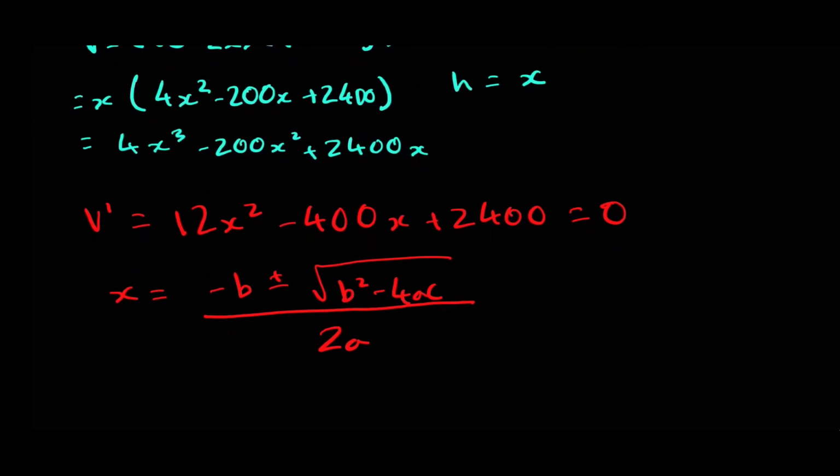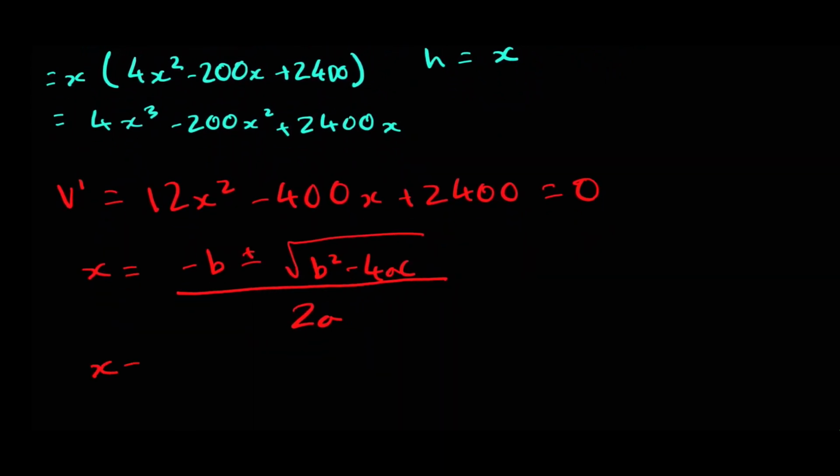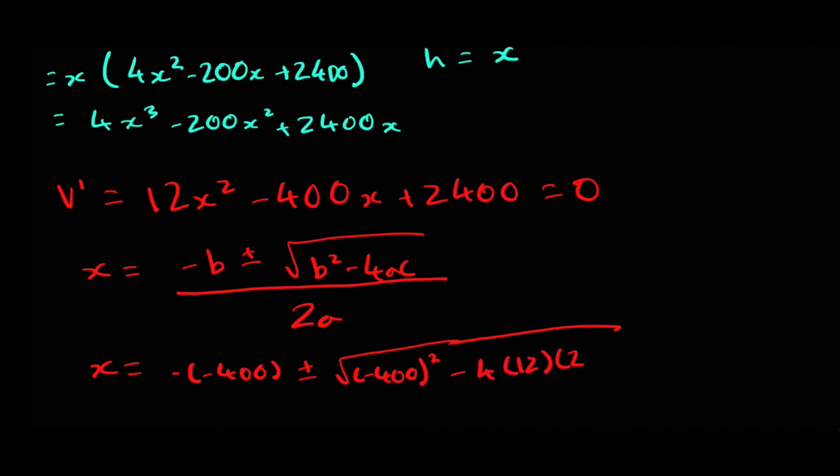That's just the quadratic formula. So therefore x is going to equal negative 400 plus or minus root of (negative 400 squared minus 4 times 12 times 2,400) over 2 times 12.